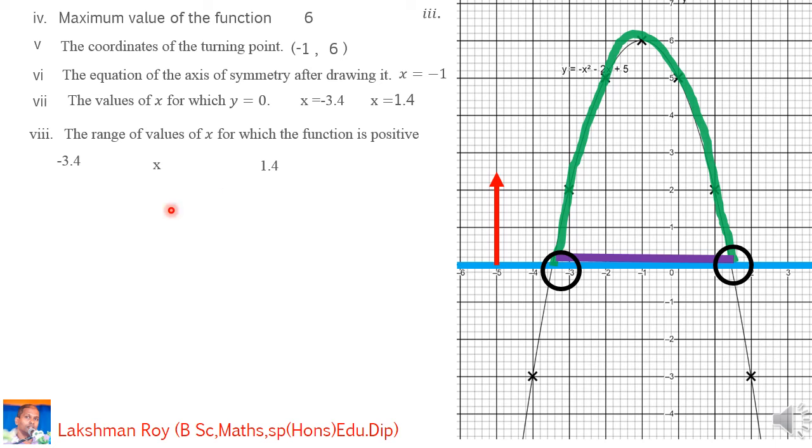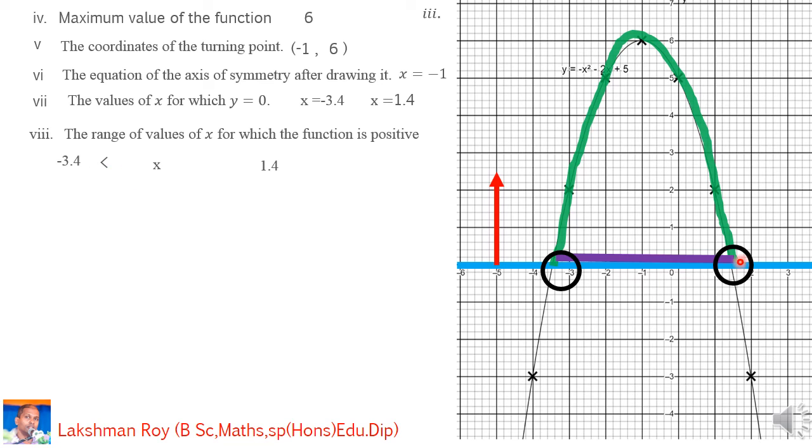Now see this value, -3.4, right? These are the values we want. These values are greater than -3.4, right? These values greater than negative 2, negative 1, those are greater than negative 3.4. So these are the x values we want, that means x should be greater than -3.4.